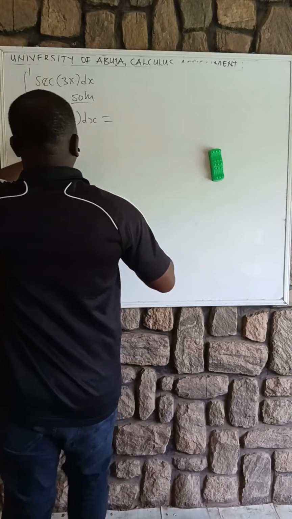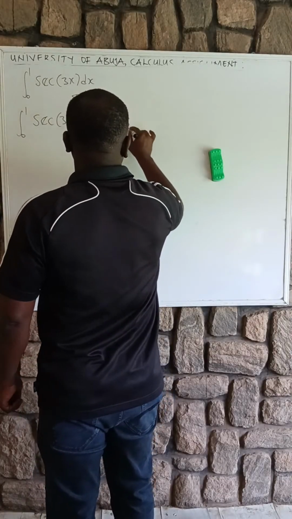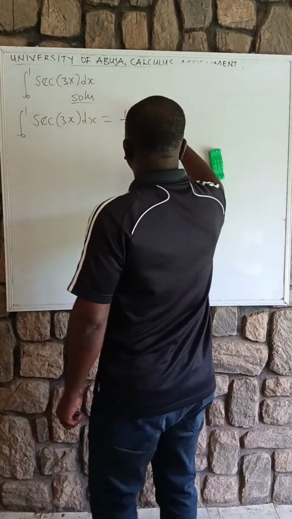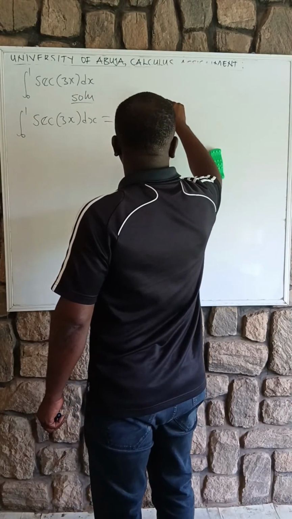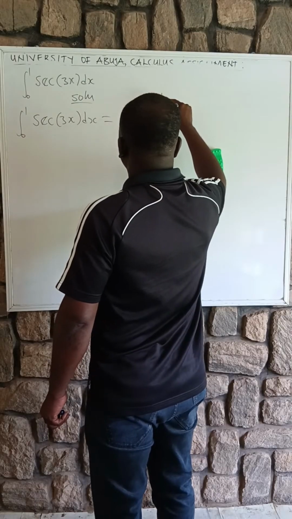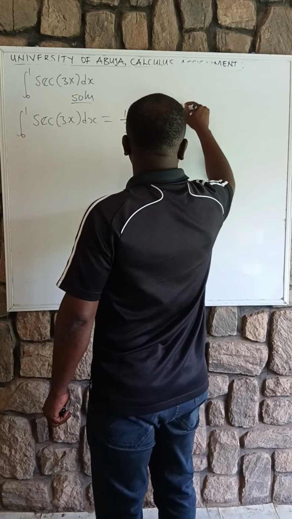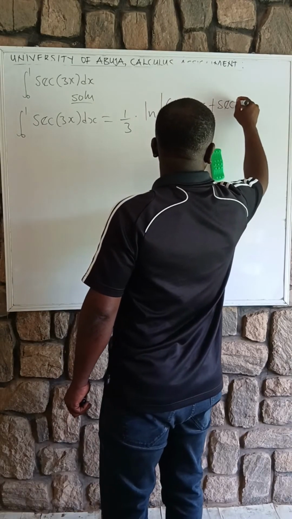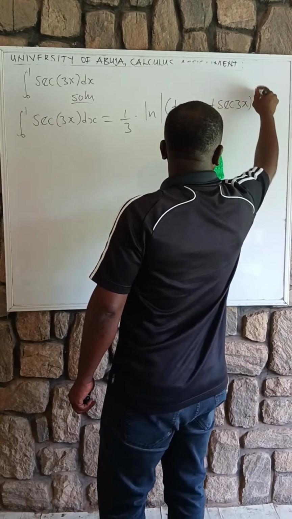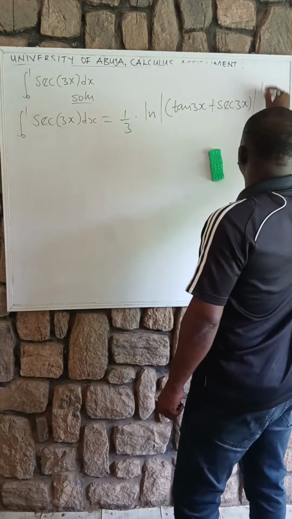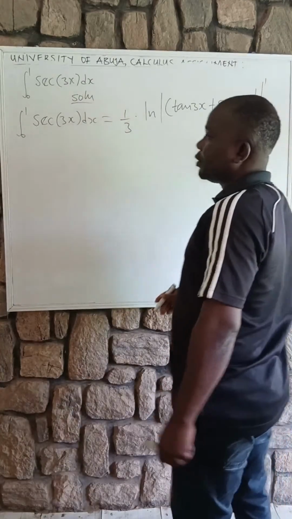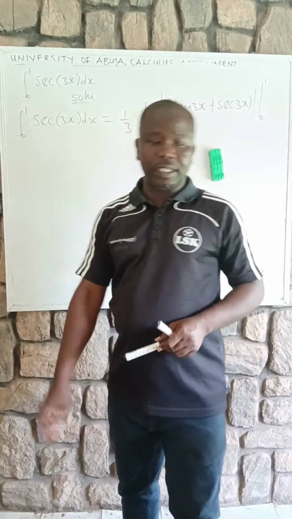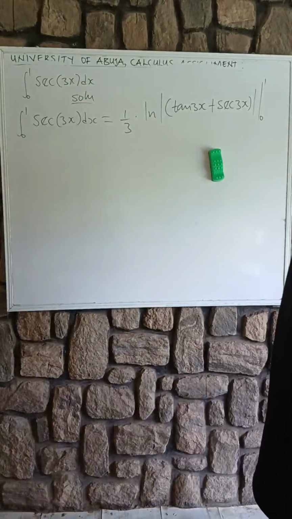So if you integrate this, you are going to have 1 over 3 times ln of tan(3x) plus sec(3x), then from 0 to 1, because these are definite integrals. Do you agree with me?